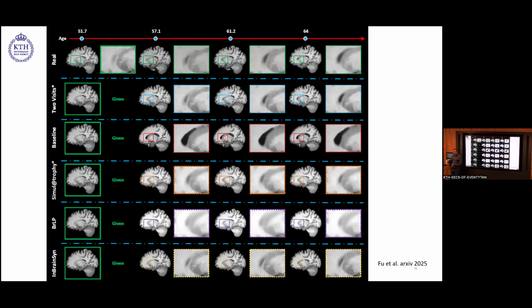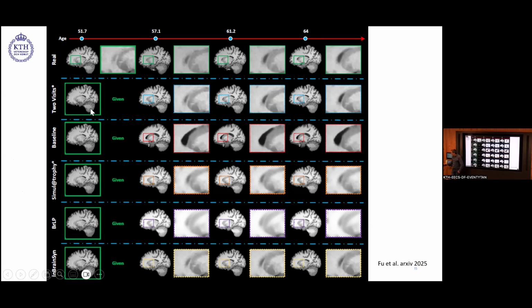So we can also compare the quality of the generation with the actually acquired data. These 2 visits is the method that I mentioned before, just taking the first and the last visit and then interpolating. Then these are other methods, and the last one is the one that just uses the templates that I just mentioned.